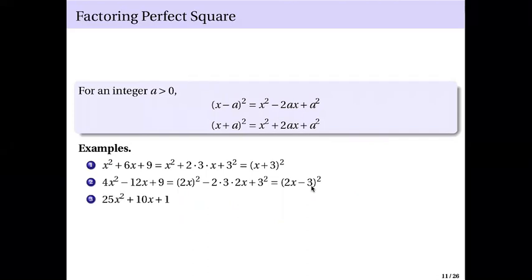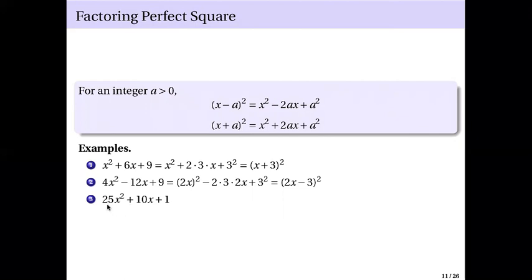For this example here, 25x squared plus 10x plus 1. Similar method as in this one. Identify that 25x squared could be written as a square of something with integer coefficients.